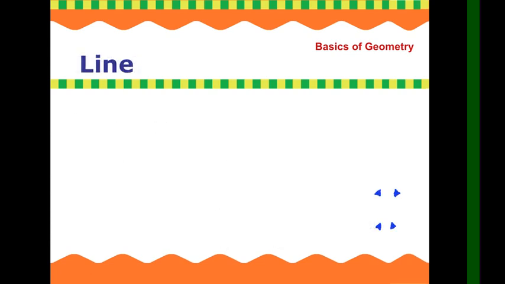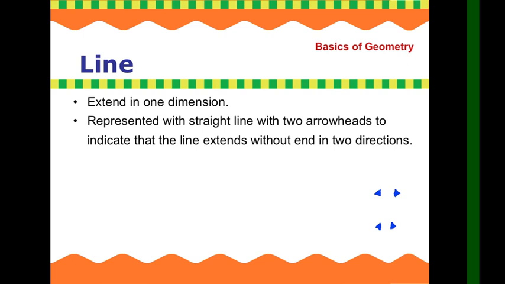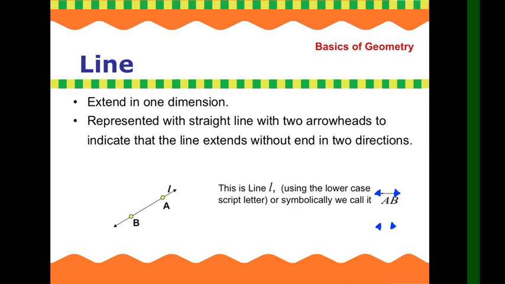Line. A line extends in one dimension. It is represented with a straight line with two arrowheads to indicate that the line extends without end in two directions. Just like that. That's a line, and there are points A and B. So we can name that line in two ways.